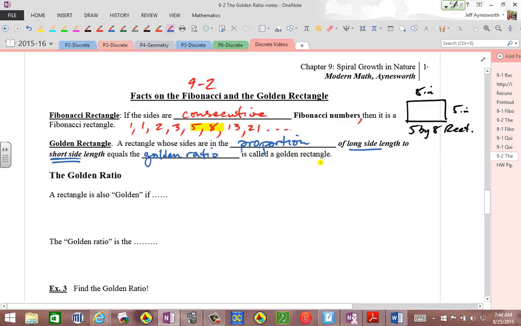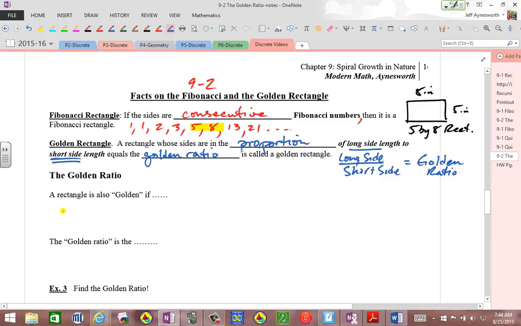So, in other words, if the long side to the short side equals the golden ratio, which you guys already know from the prior lesson, you have a golden rectangle.